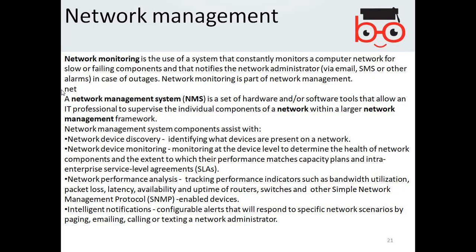The network management system is a set of hardware and/or software tools that allow an IT professional to supervise the individual components of a network within a larger network management framework. Network management system components assist with network device discovery, network device monitoring, network performance analysis, and intelligent notification.